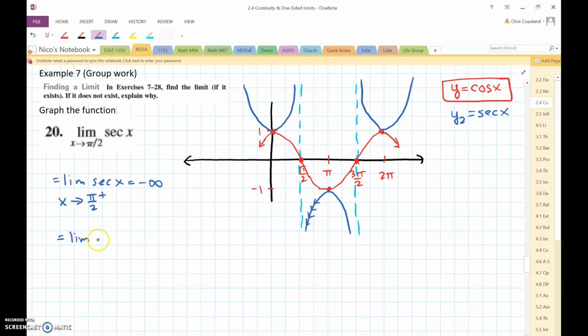And then if we compare that with the limit of the secant function as x approaches pi over 2 from the left, that's going to equal positive infinity. Because these one-sided limits do not equal each other, this limit does not exist.